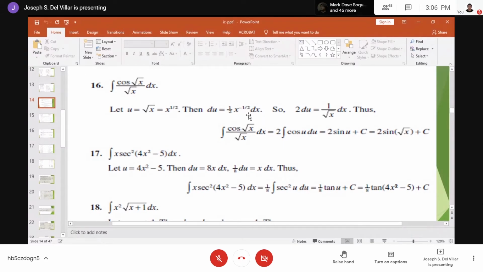Now, this x to the negative 1/2 dx, this is it. This dx over square root of x is already this one.